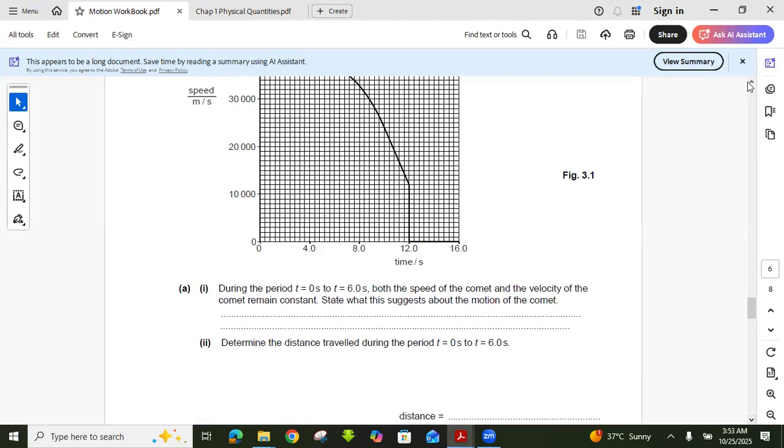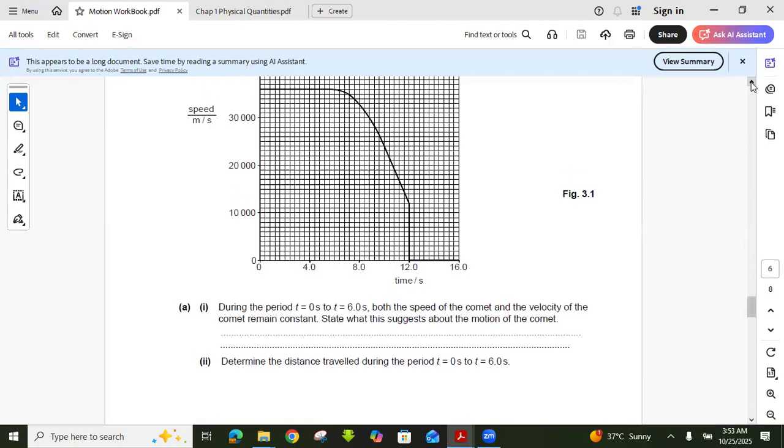So you can see this is again the speed-time graph, and we can find the distance by using the area under the graph. This is 6, and the height here is 30,000 and 500.